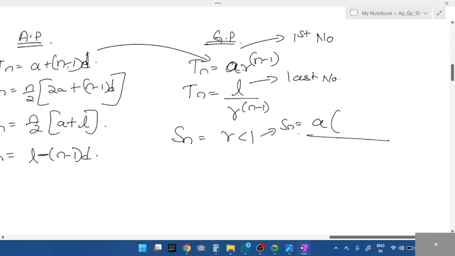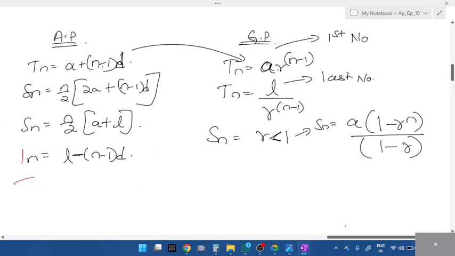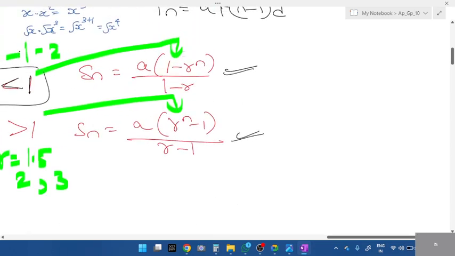What I told you yesterday: r is less than 1, which means 1 is greater. a into 1 minus r to the n, divided by 1 minus r. Is this correct, Adya? Did you check? Even I don't remember the form here. a into 1 minus r to the n, correct.